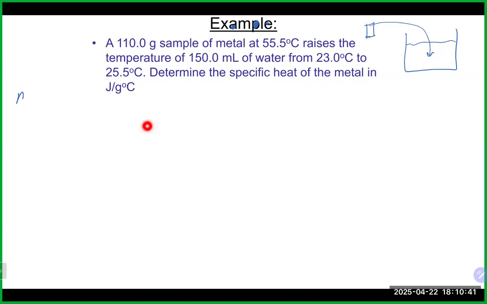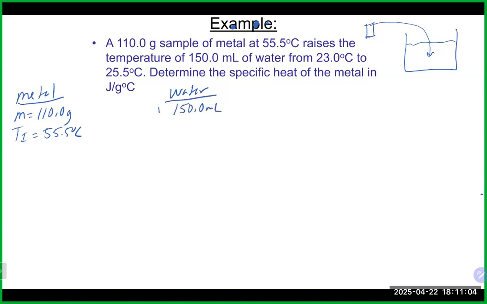We have information about our metal, which has a mass of 110 grams, and an initial temperature of 55.5 degrees Celsius. In terms of the water, we have not the mass, but we do have 150 milliliters, which is our volume. We have an initial temperature of 23 degrees Celsius and a final temperature of 25.5 degrees Celsius.